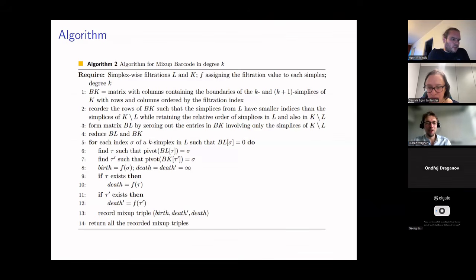In the meanwhile, I would just comment that it's important that the setup is for, let's say, two data sets which are embedded in the same metric space.